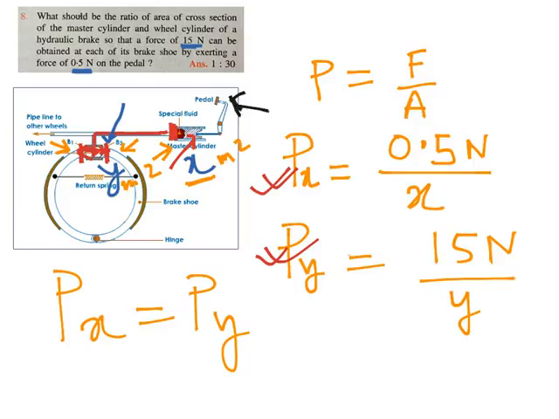Obviously the pedal is a smaller one, just the size of our own foot, so that we just press on the pedal, and then with this mechanism of transmission of pressure through the hydraulic fluid, it can stop a big car, like a half-a-ton car, in a fraction of a second.